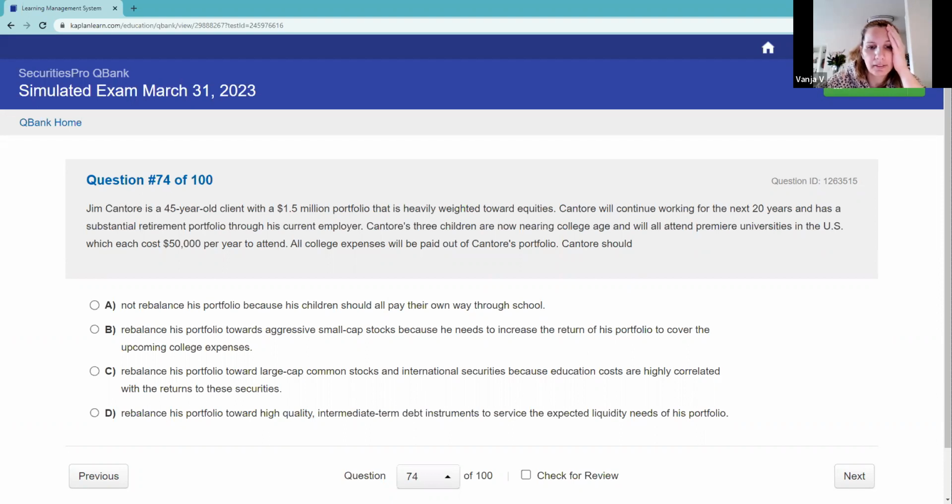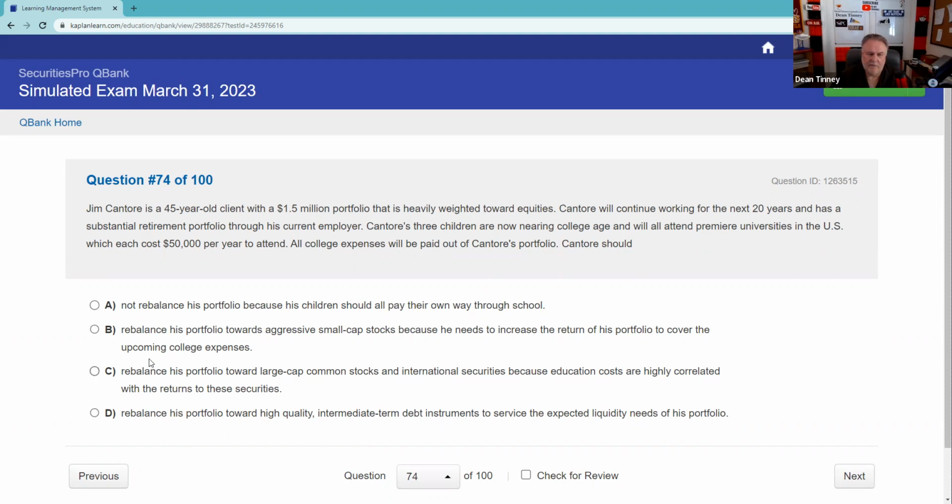But intermediate term. Rebalance toward large cap and international securities because education costs are highly correlated with those returns. Because he needs to increase the return of his portfolio to cover the upcoming college expenses. Not sure on this one, so I'm going to say B as in boy.